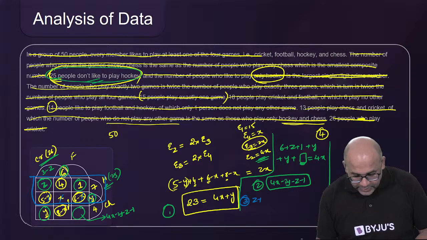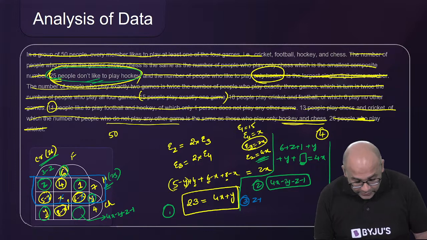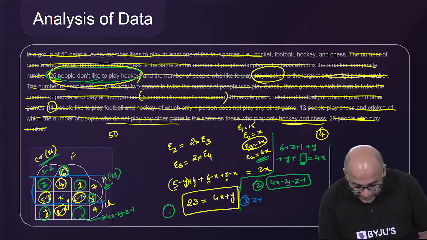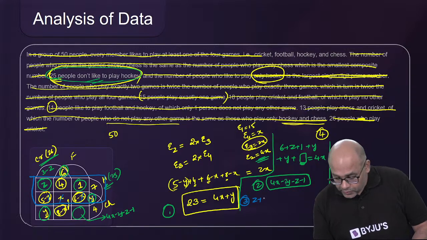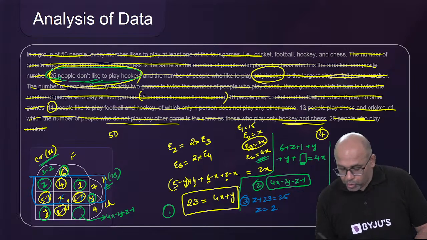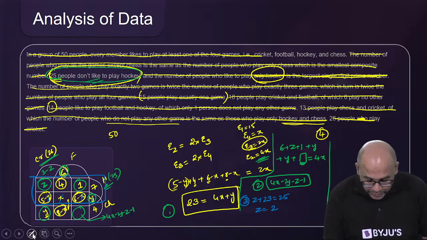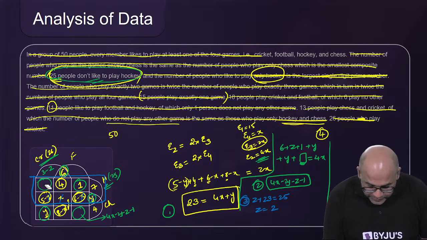So the only numbers are remaining and you'll get your z value from here. What is the z value? 5 plus 4, 9, 9 plus 1, 10, 10 plus 7, 17, 17 plus 6 is 23. So z plus 23 is equal to 25. So z equal to 2. Then you will start putting all the values. So slowly start putting z as 2.